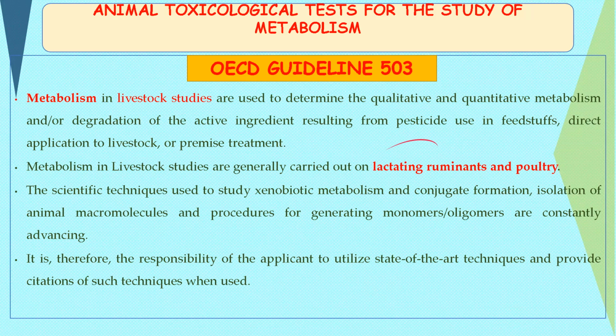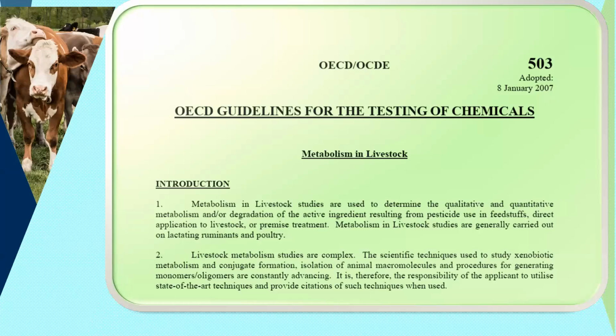So it is the responsibility of the applicant to utilize state-of-the-art techniques and provide citations whenever such techniques are used. Instead of HPLC, one may use LCMS or GC, the better techniques. These need to be continuously updated.